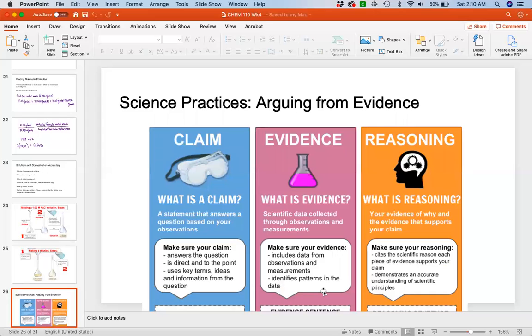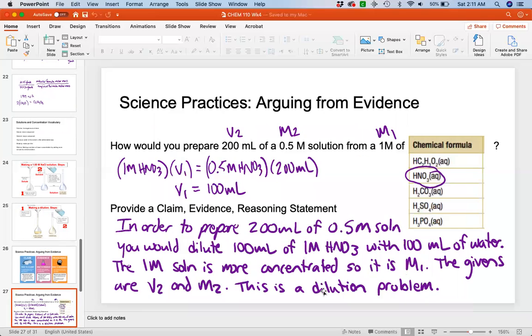If we think about our science practices and arguing from evidence, we can think about what is a claim, what is evidence, and what is reasoning. So we want to be able to argue from evidence about how we would prepare a 200 milliliter solution of 0.5 molar from a 1 molar solution of any one of these chemicals. So I chose HNO3. We have a volume and concentration, and a concentration, and then we're looking for the volume.